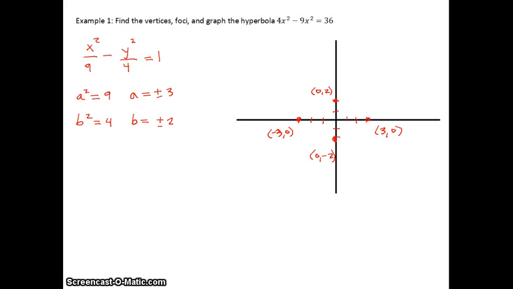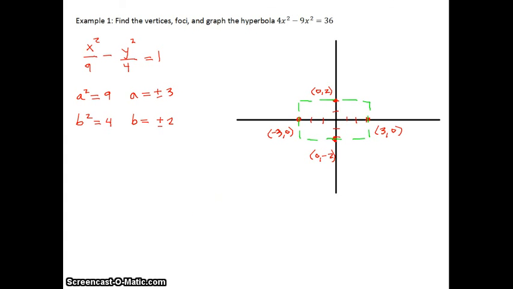Okay, so finding a and b enabled me to find the points that will identify the rectangle, which will enable me to draw the asymptotes, which will enable me to draw the hyperbola.